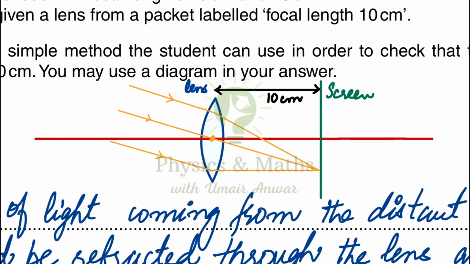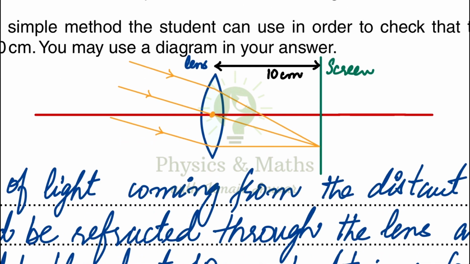We have used a lens here, a converging lens, and we have placed a screen at a distance of 10 centimeter. So the parallel rays are coming from a distant object, and they are coming parallel to each other.